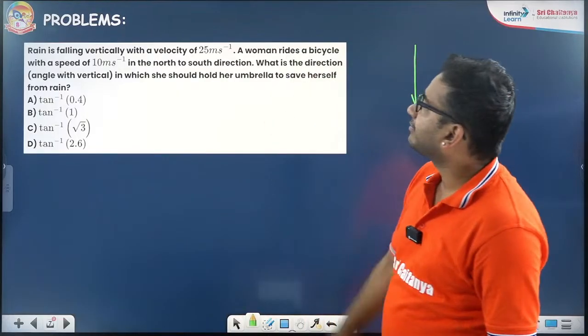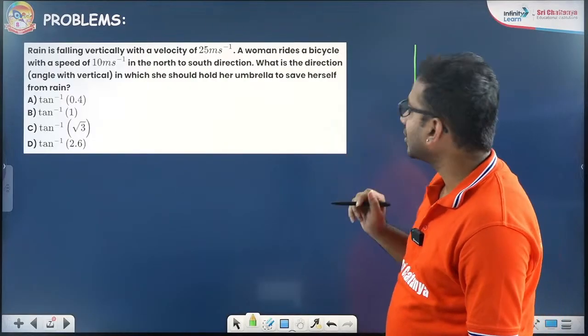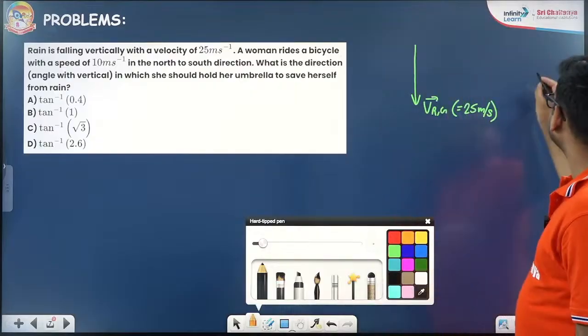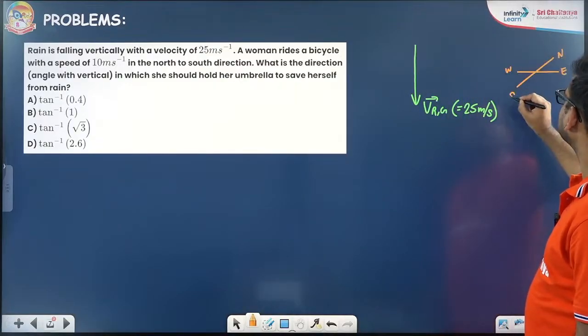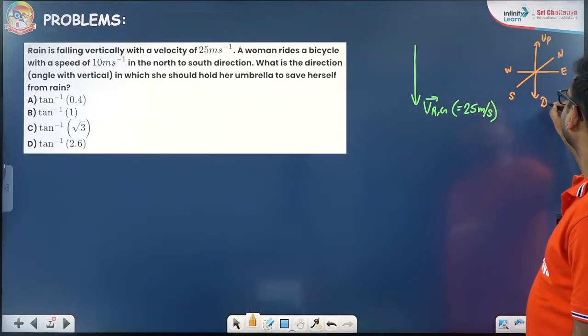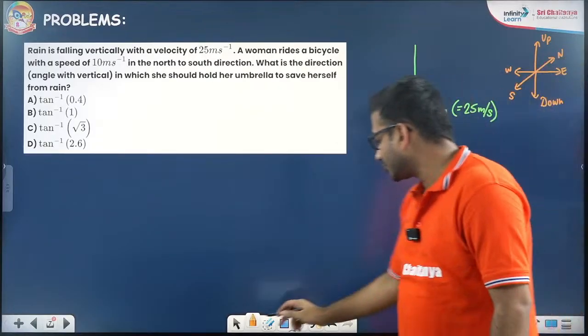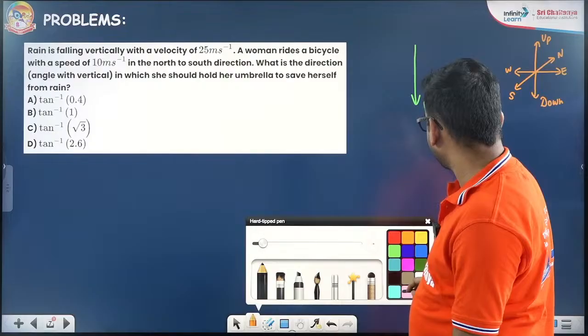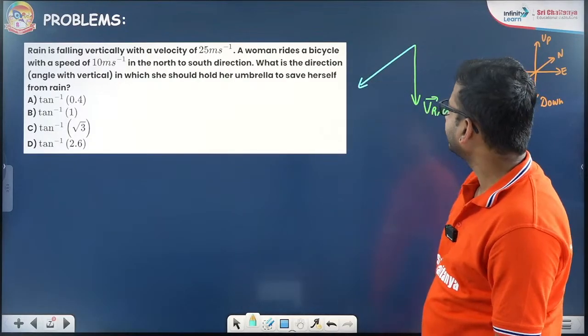A woman rides a bicycle with a speed of 10 meter per second in the north to south direction. I hope you remember this, that this is east, west, north, south, up and down. All right. So north to south direction means this, with a speed of 10 meter per second.